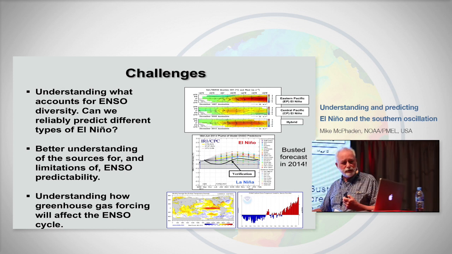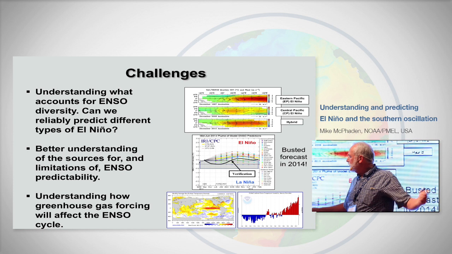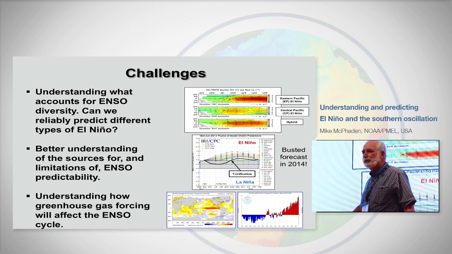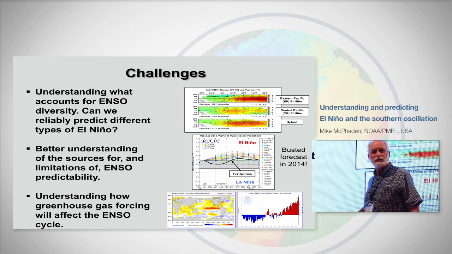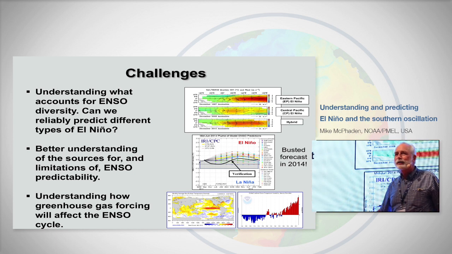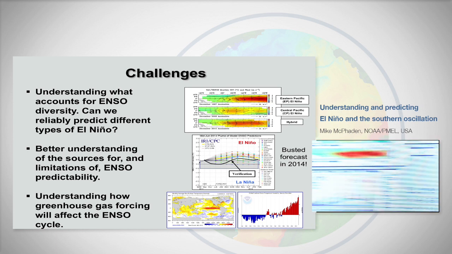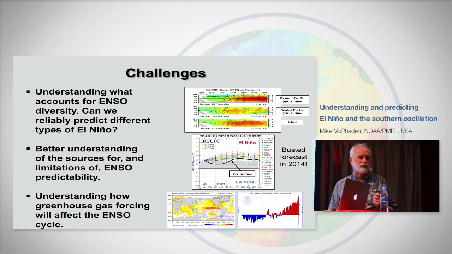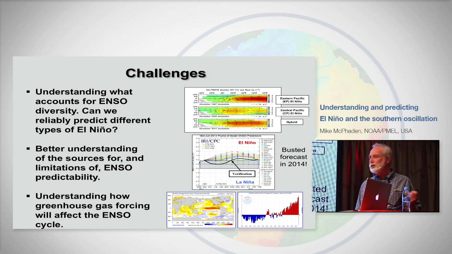I spent the last 50 minutes telling you about how wonderful our predictions were for 2015-16. I could have spent another seminar, 50 minutes, telling you how bad they were in 2014. And this was a busted forecast. Everybody expected 2014 was going to be the big El Nino.